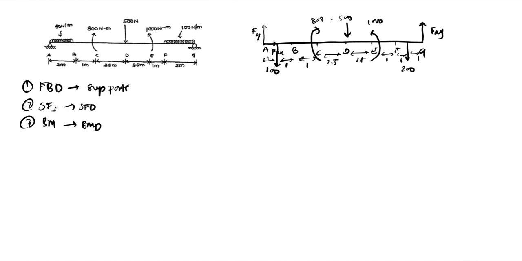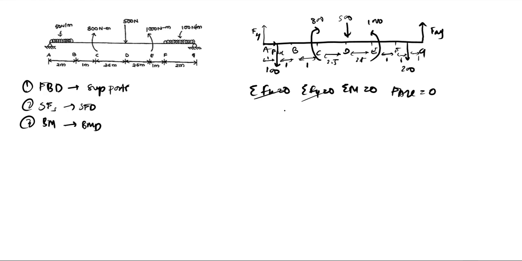To solve this, we need to apply the 3 equilibrium conditions, which are summation Fx is 0, summation of Fy is 0, and summation of moment at any point is 0. So summation of Fx is 0. If you apply, you will get that FAX, which is the only force in the horizontal direction, becomes 0. This is done.